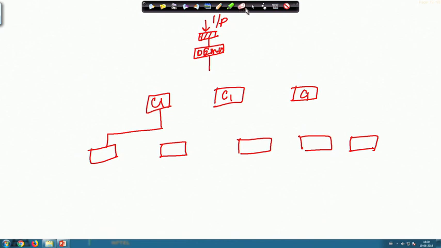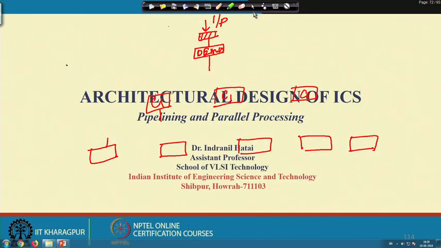Okay. So, not this one, this will not be directly connected.